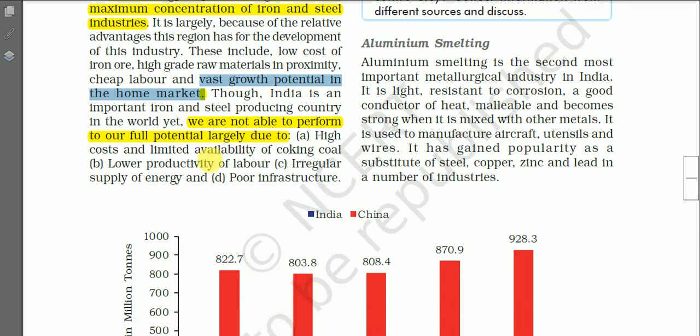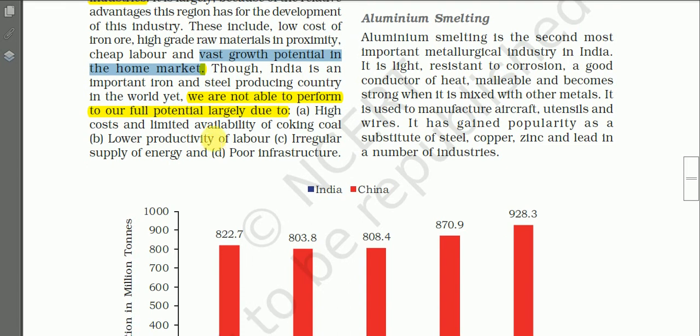We know that India is an important producer of iron and steel, but still we are not able to perform to our full potential, mainly because of the following reasons. Number one is the high cost and limited availability of coking coal. The price of metallurgical coal is very high, and it is limited.